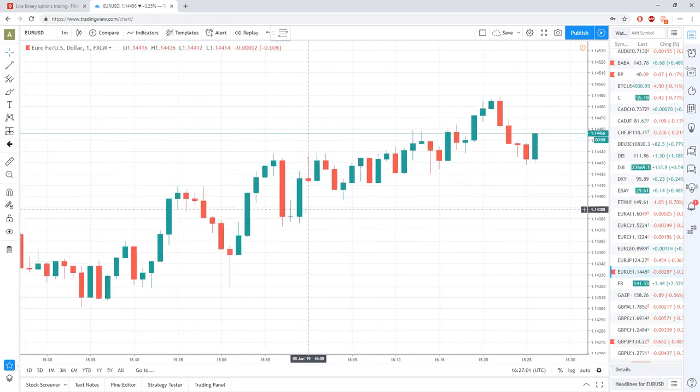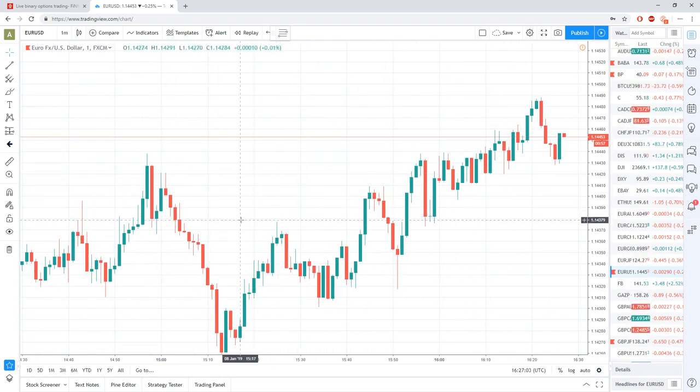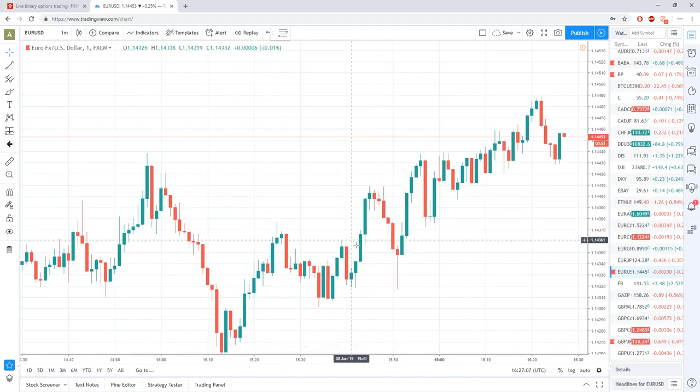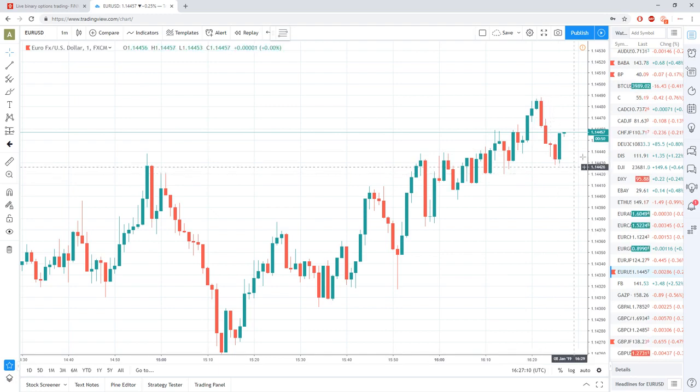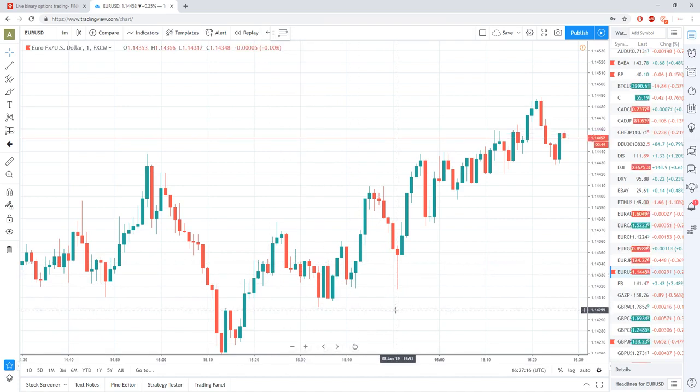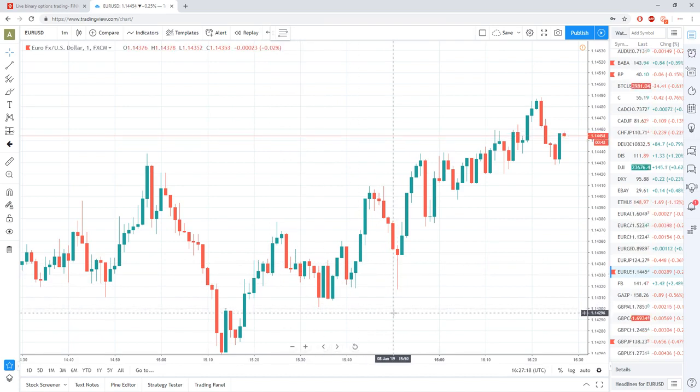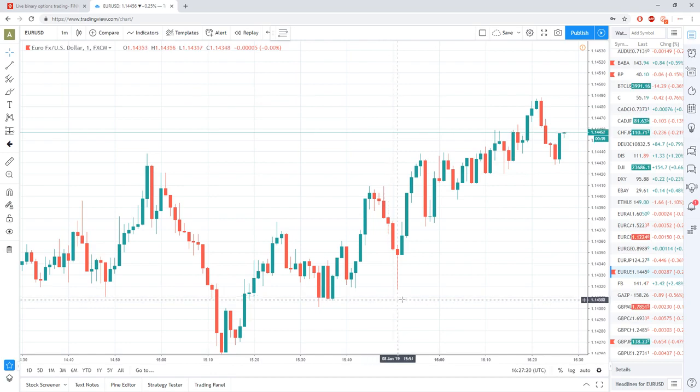So here, for those who don't know, we have candles. Each line on this picture is called a candle, and you see that they have two different colors, a green one and a red one.